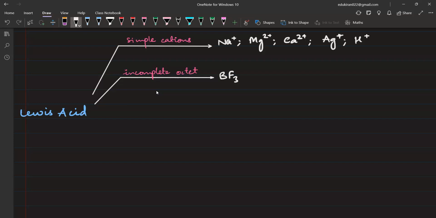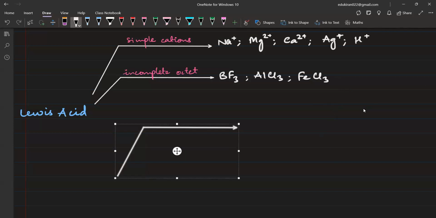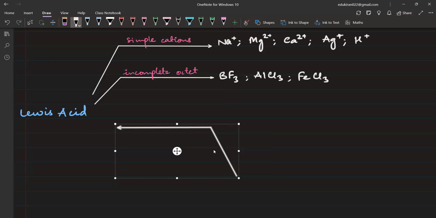That means only 6 electrons. So if it is not having an electron pair, it is incomplete. That means it can accept an electron pair. Similarly, you'll have AlCl3. Again, same thing. You will have FeCl3. All of these are examples of incomplete octet. So they also have a tendency to accept electrons, and whatever accepts electron, according to Lewis, is going to be an acid.